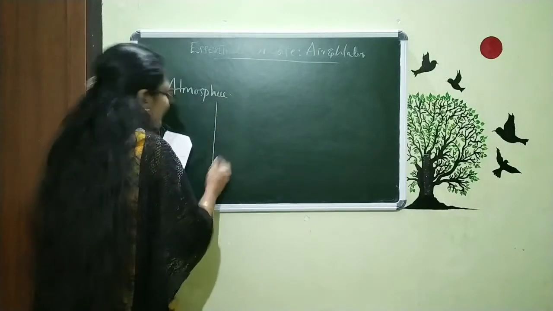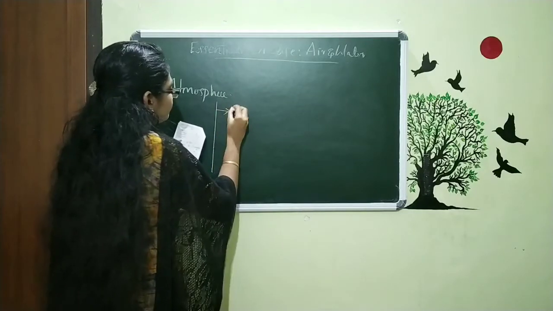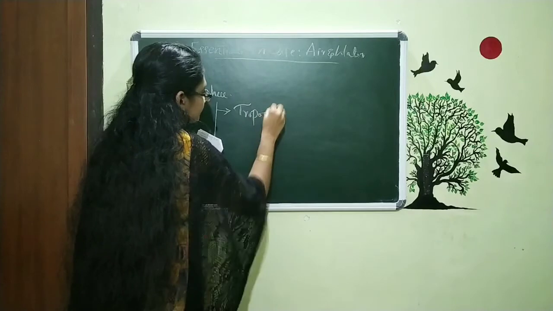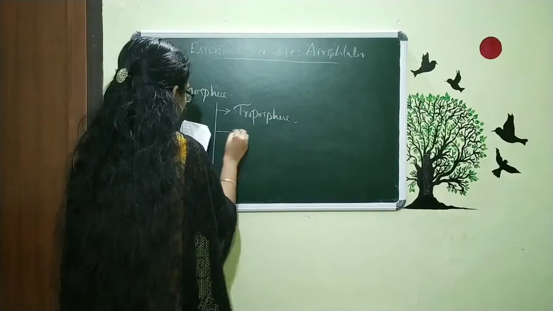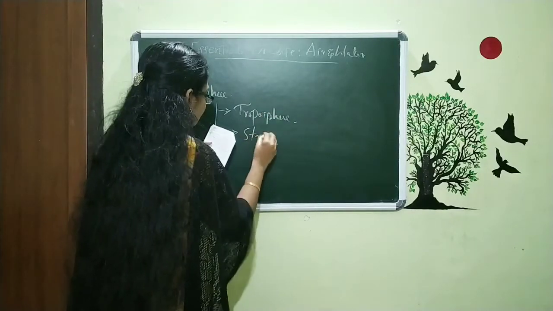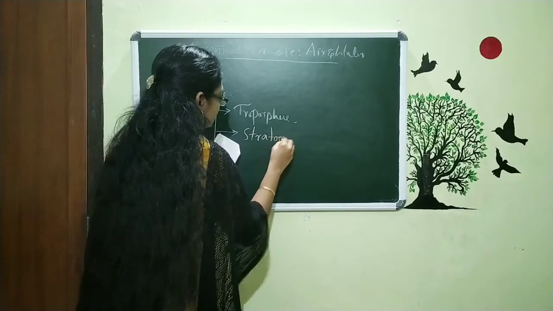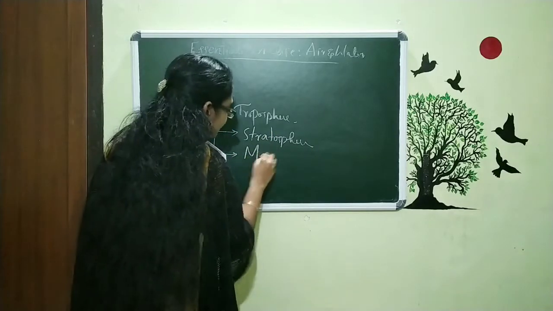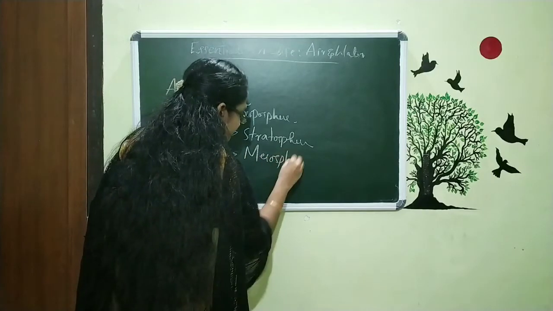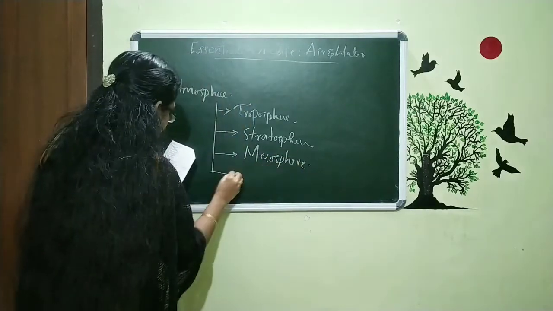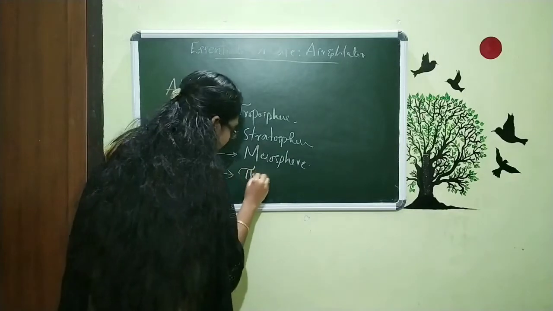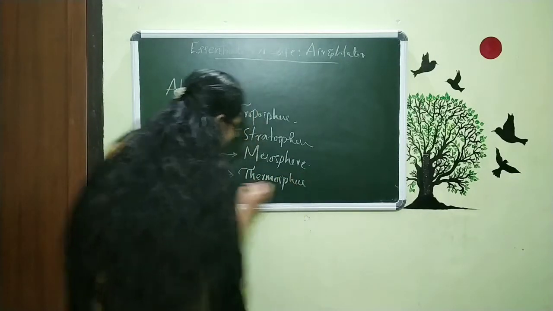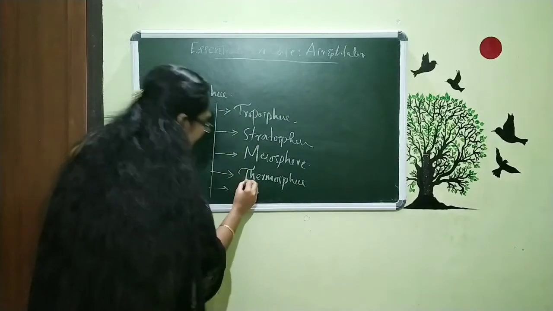The layers are these: troposphere, stratosphere, mesosphere, thermosphere, and the last one, exosphere.